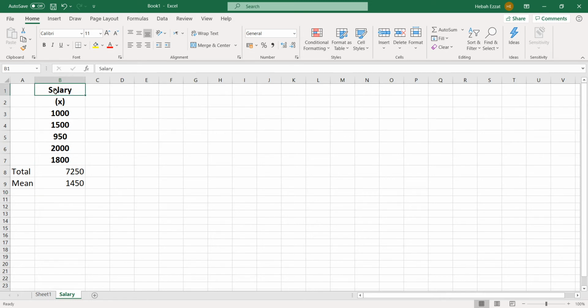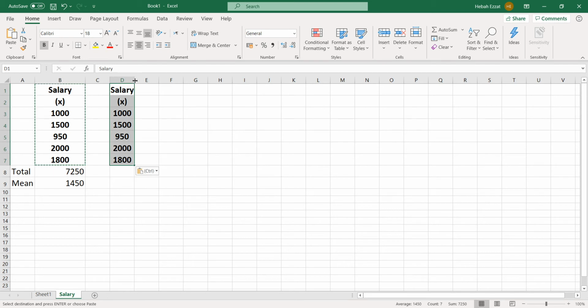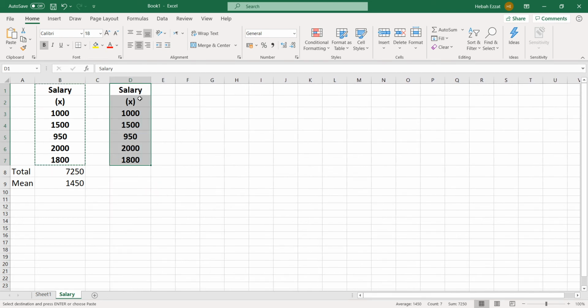Also, if we want to find the median, I will take this column to another place, copy this column and paste it. To find the median, I need to sort these numbers from the smallest to the largest.